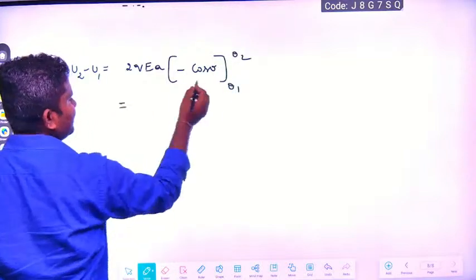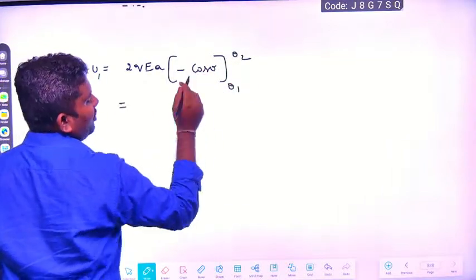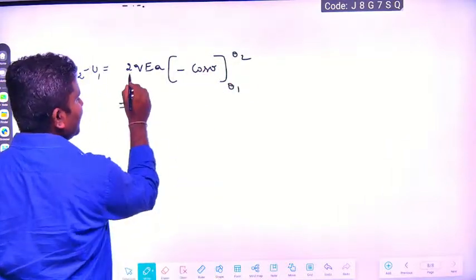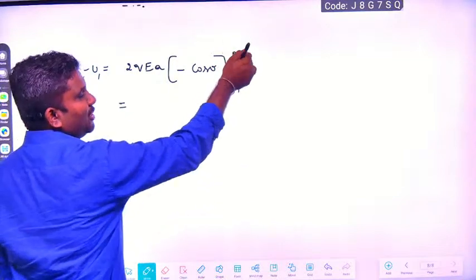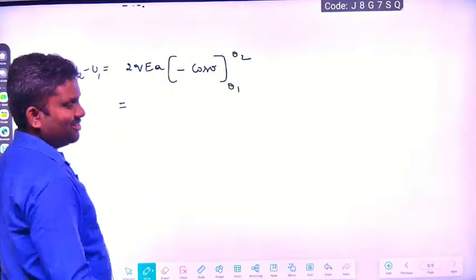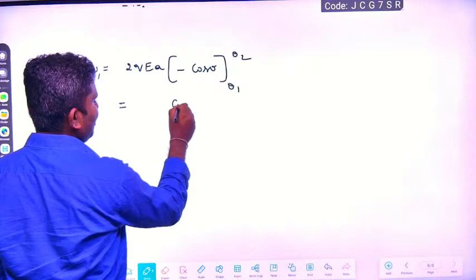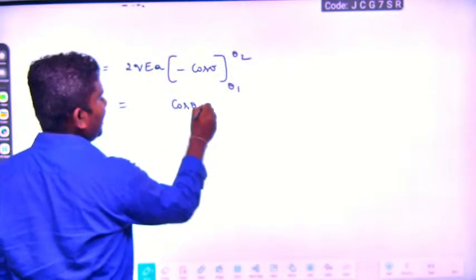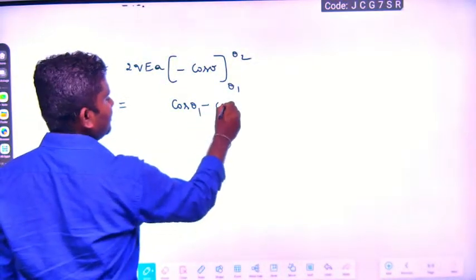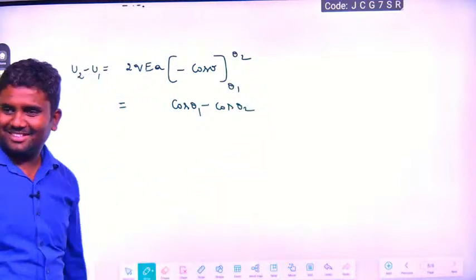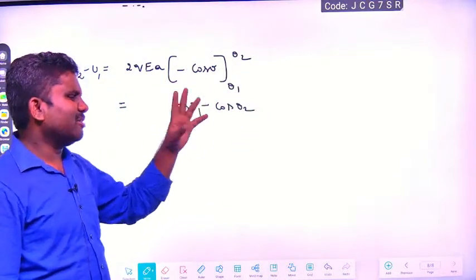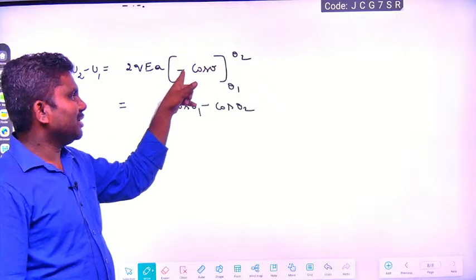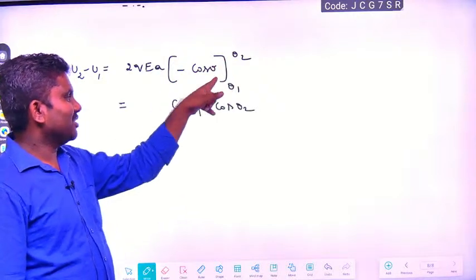Now, whenever there is a minus, my logic is to take the lower one first: cos theta 1 minus the upper one, cos theta 2. If you are confused, you can take minus cos theta 2, so minus of minus gives plus cos theta 1. You get the same thing.